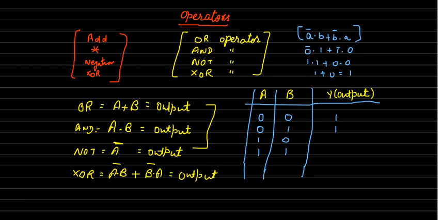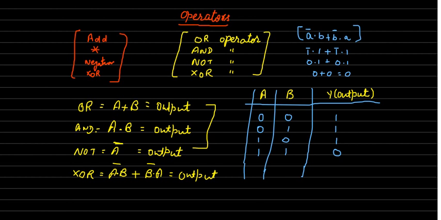On this side, we also get 1 again. And now the final one. The final one is going to be 1 bar dot 1 plus 1 bar dot 1. It means 0 dot 1 plus 0 dot 1. It means 0 plus 0, which gives 0.